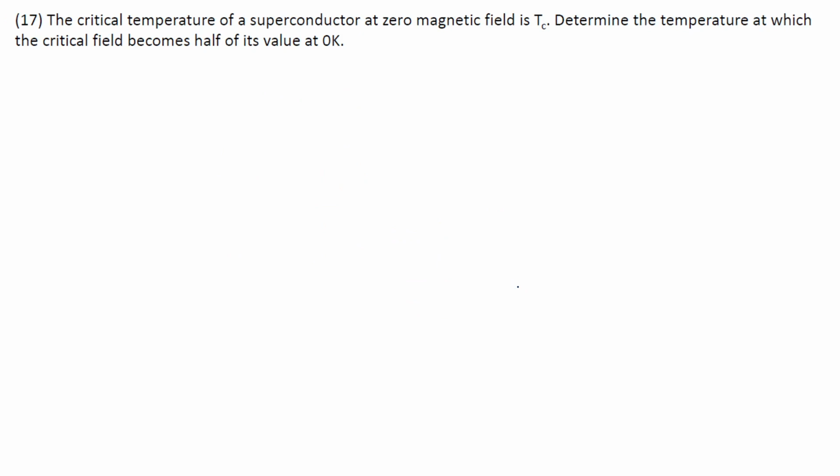The critical temperature of a superconductor at zero magnetic field is Tc. Determine the temperature at which the critical field becomes half of its value at 0 Kelvin.